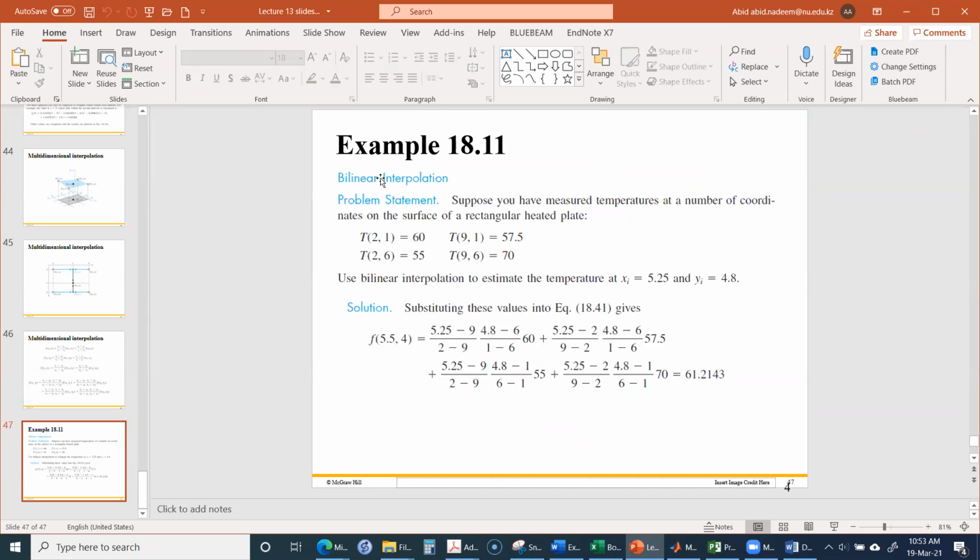But for me, for this bilinear interpolation, I will first interpolate between these 2 points, second interpolate between T26 and T96, and then there will be one more interpolation which I will perform over here without remembering the formula.